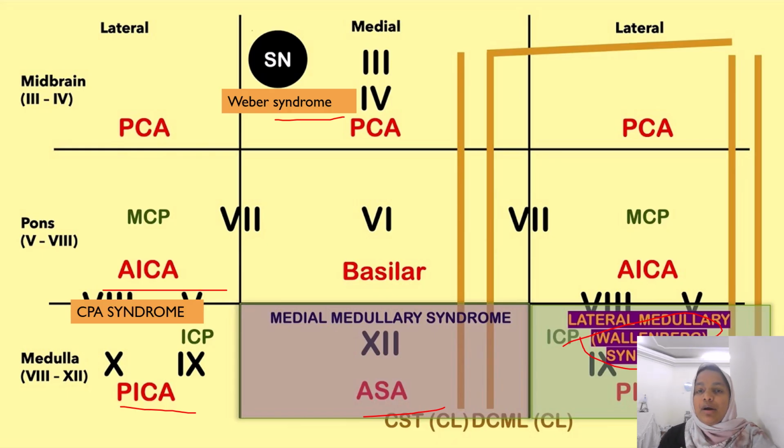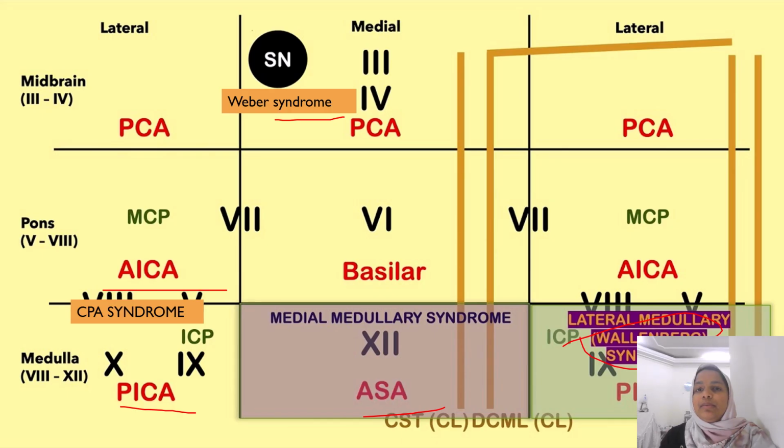Fifth cranial nerve on the left side, and pain and temperature from the lateral spinothalamic tract on the right side, because the lateral spinothalamic tract crosses at the spinal level itself. Cranial nerve nuclei presentation will be on the ipsilateral side. So if facial sensation is lost on the left, it is the left fifth nerve.